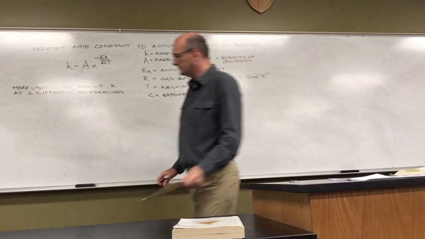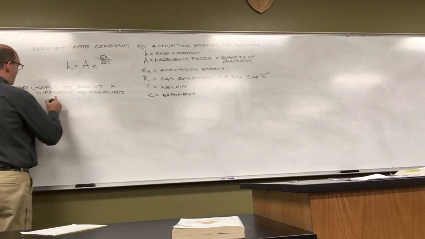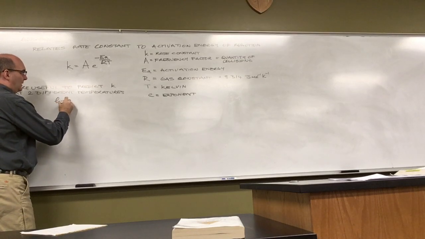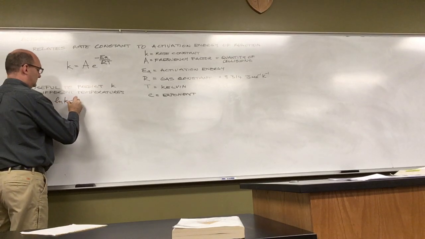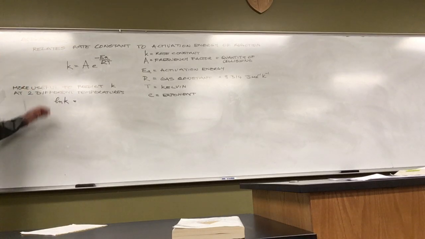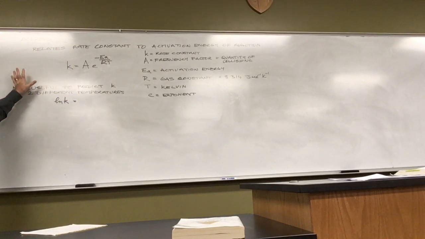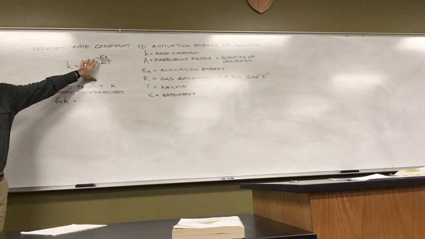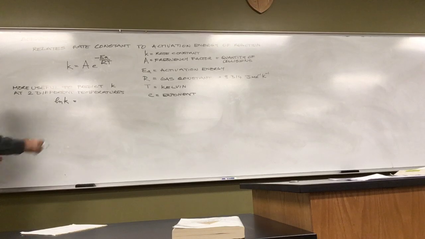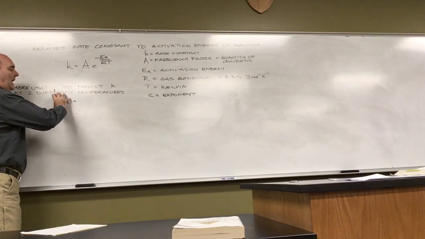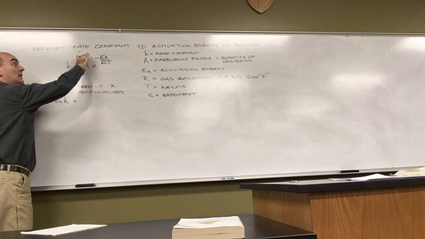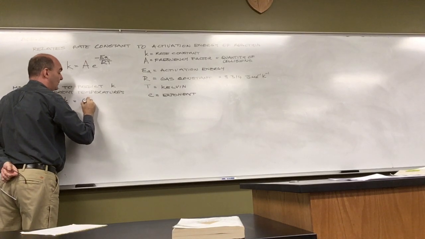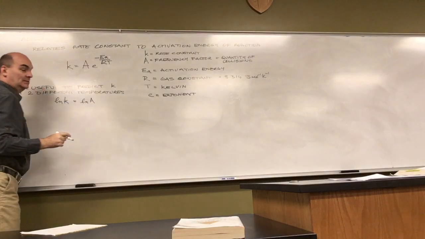All right, let's do that. If I take the natural log of k, I can't do it just on one side. I'm going to take the log of this side, which means I need the log of the other side as well. So if I turn k into the natural log of k, that means I have to turn whatever A is into the natural log of A.